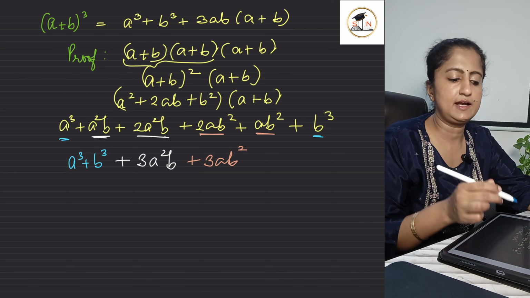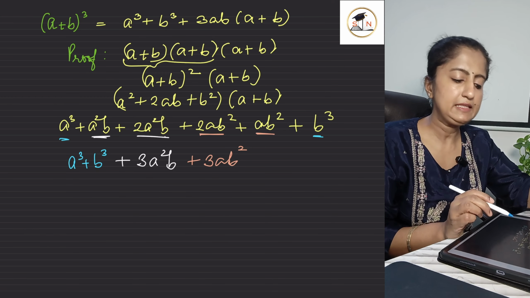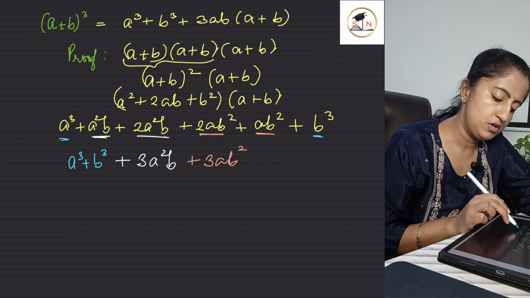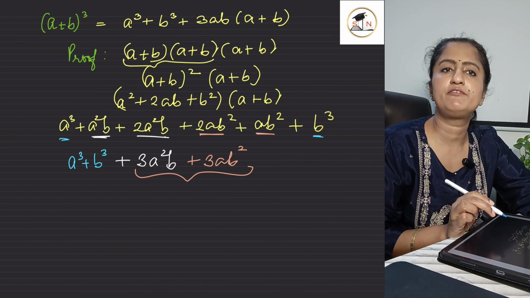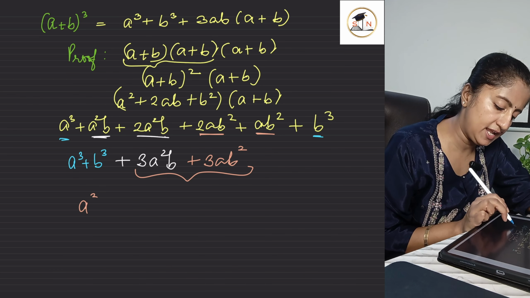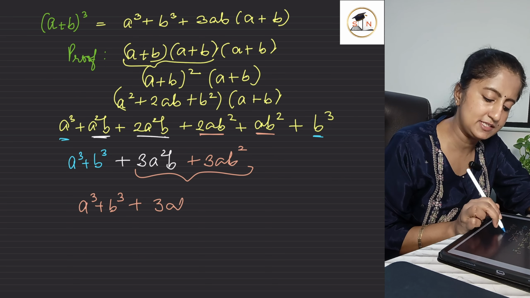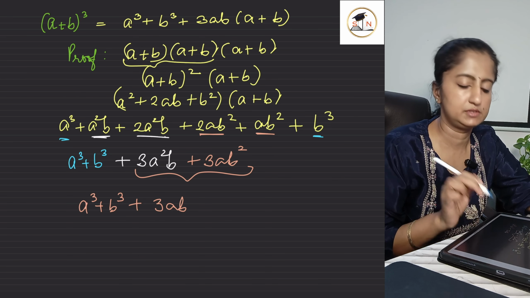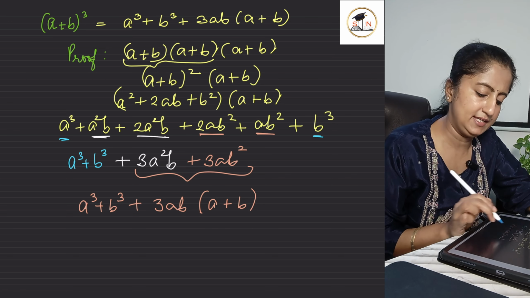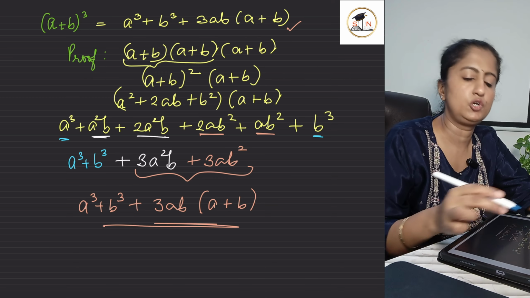Now you will say that the expansion written on top is different from this. Yes, it is different, but we will arrive at it by just taking out common factors from the last two terms. So in the final we are getting a cube plus b cube plus, I have 3ab as a common factor in the last two terms, which leaves us with (a plus b) inside, and hence the original expansion which we had written on top.